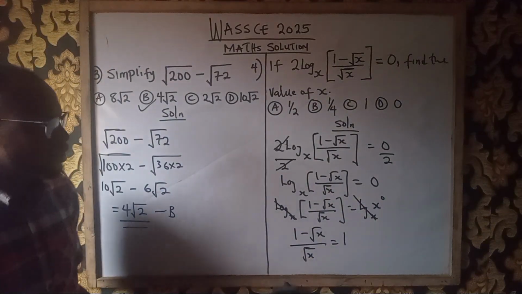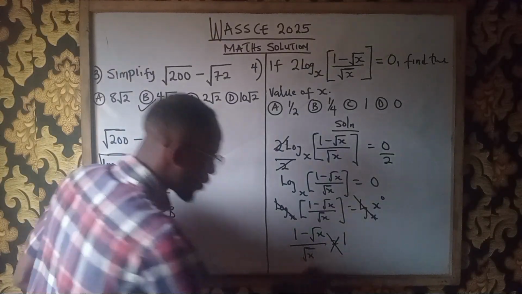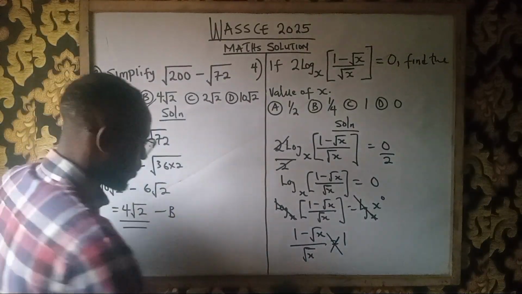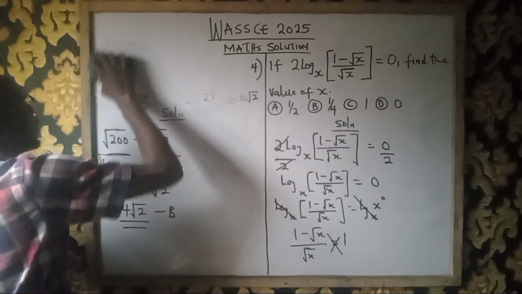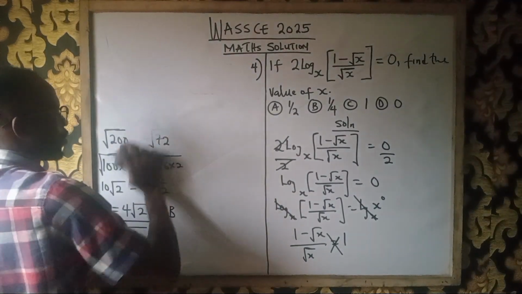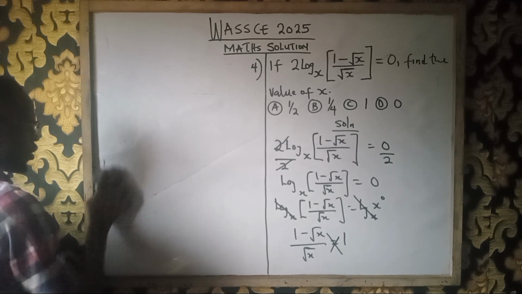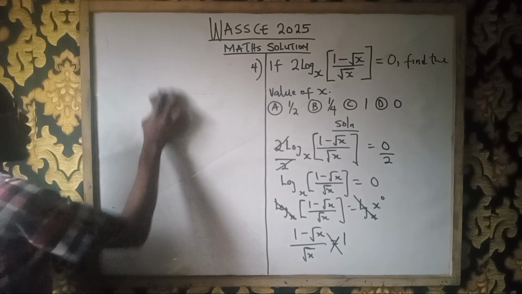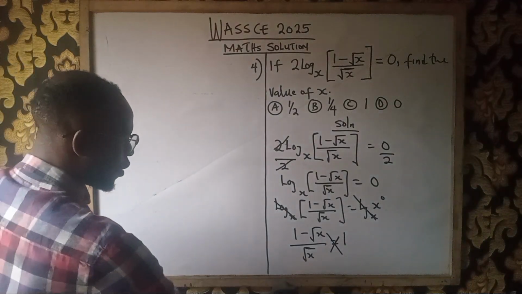Can you see that? So the next thing for you to do here is to cross multiply. Okay, I think I will need to wipe this side. Alright, so now we have this.